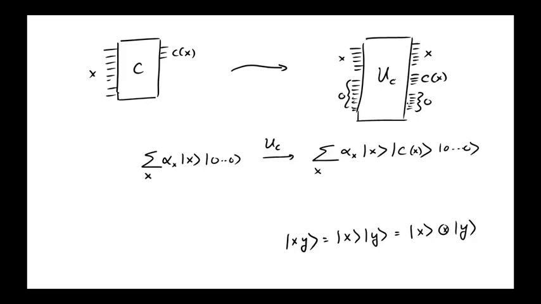Does the fact that quantum mechanics is unitary and so reversible mean that not everything you can compute classically is allowed by quantum mechanics? Maybe there are constraints we weren't aware of. Of course, this shows that there are no such constraints, and that given any classical circuit, you can make a corresponding quantum circuit. This will turn out to be a very useful primitive as we move forward into quantum algorithms.